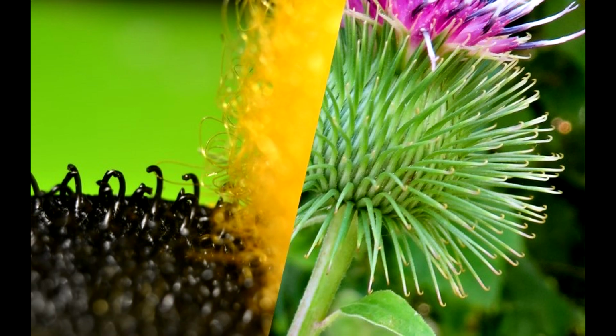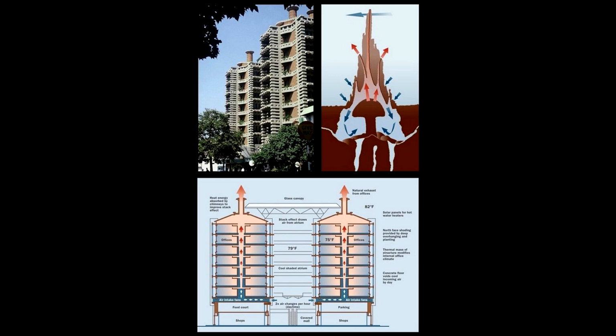Or certain buildings built on termite or ant hills, the way inside these termite houses there's a way of distributing the heat and the cold that has been observed, and some buildings have been created to pattern that idea.